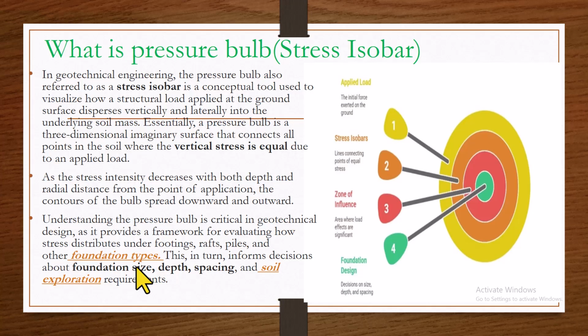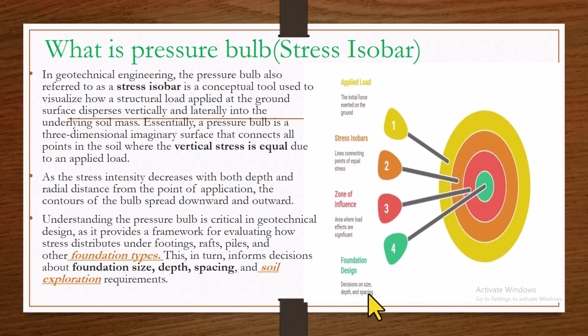And when we study a case study for a soil test report, we will look at how that will govern our foundation size, then the spacing, especially in pile, and also helps in the depth of soil exploration. When you want to carry out your soil investigation, what depth should you terminate your boreholes? So you see that the pressure bulb also helps in determining that as well.